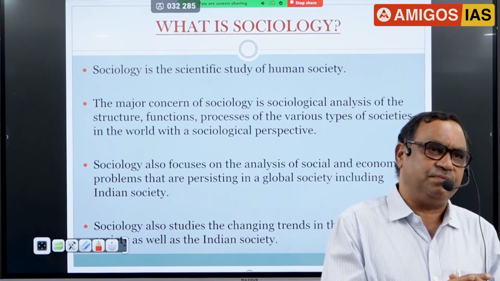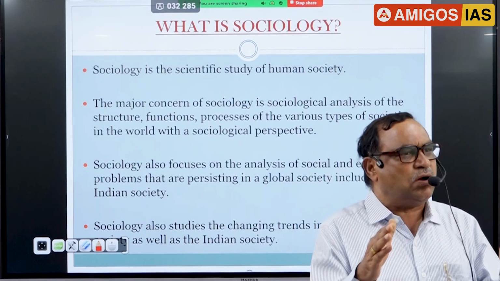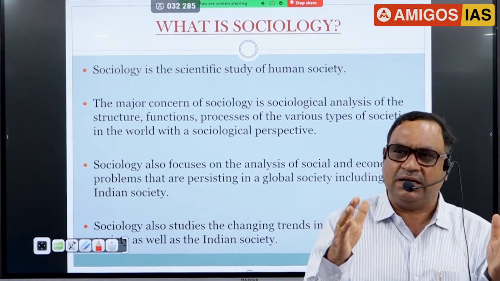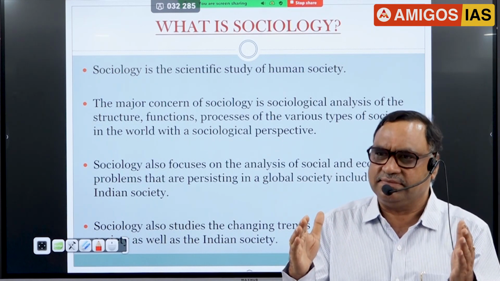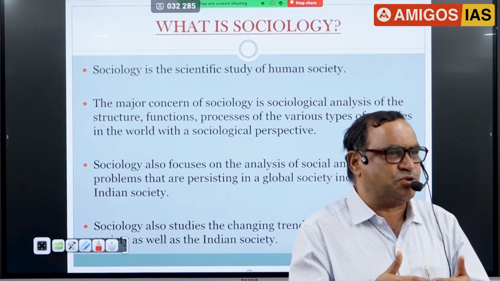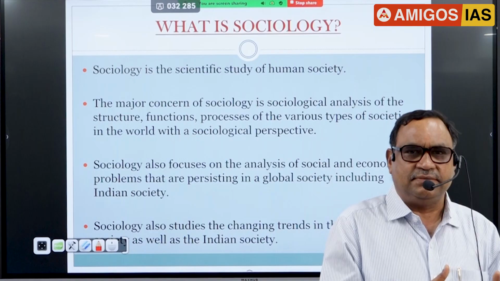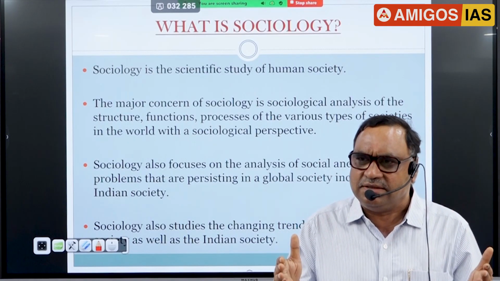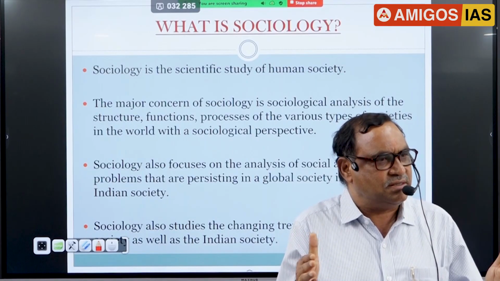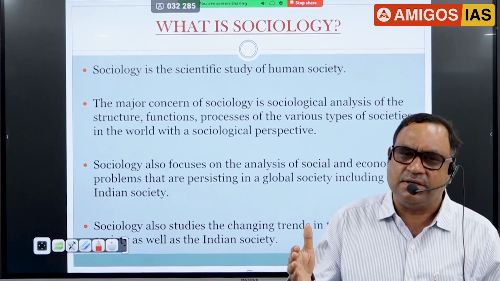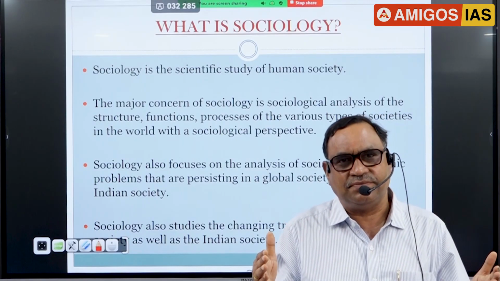That means sociologists argue that every society has a particular structure, and there are different elements of social structure. What are the elements of social structure? Like communities, institutions, values, norms, social processes.